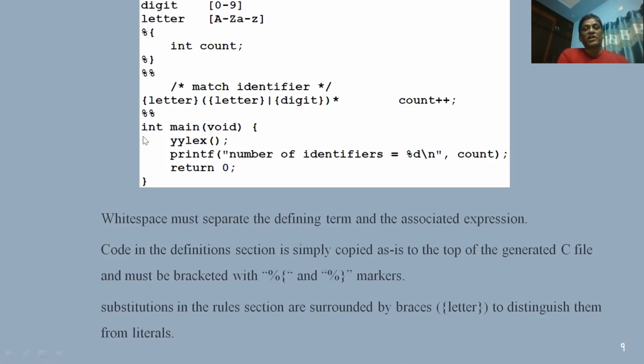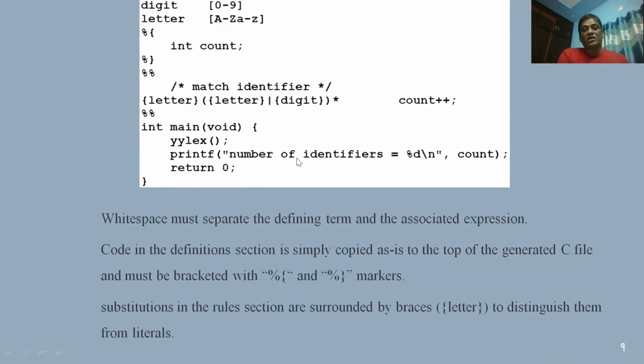Okay. And finally, we define the main function in the auxiliary section. Immediately, we call yylex to generate the lexer program. After the lexer program is identified, the lexer reads the source program and identifies all the identifiers which match this syntax and performs the action count plus plus. Finally, it comes back.